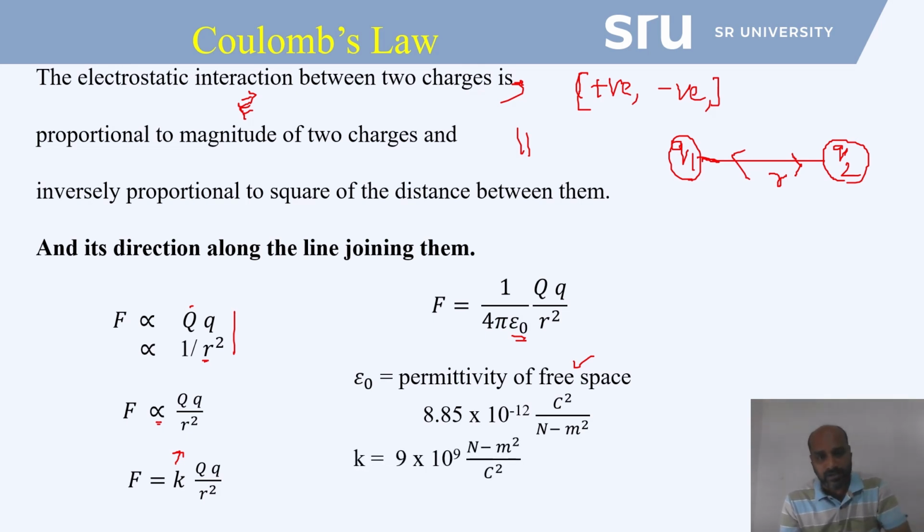So this constant k, which is equal to 1 by 4 pi epsilon naught, is 9 into 10 to the power of 9.